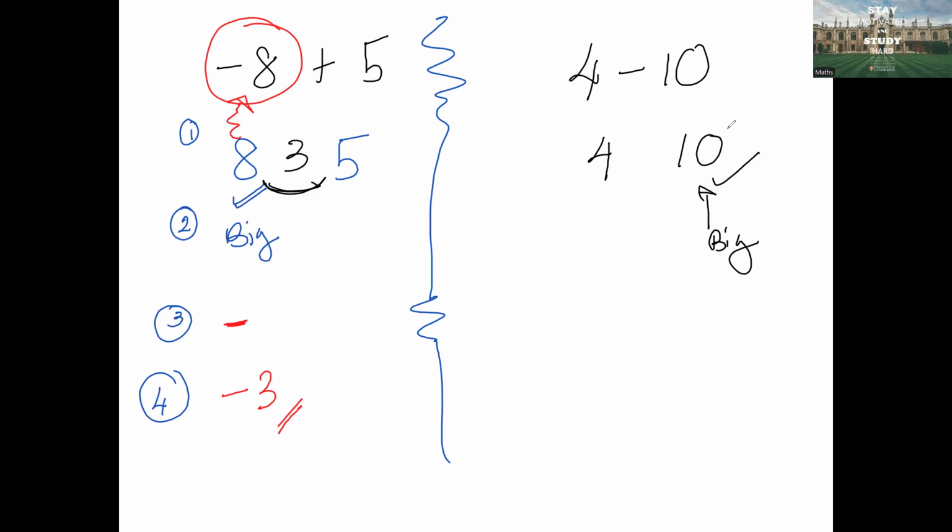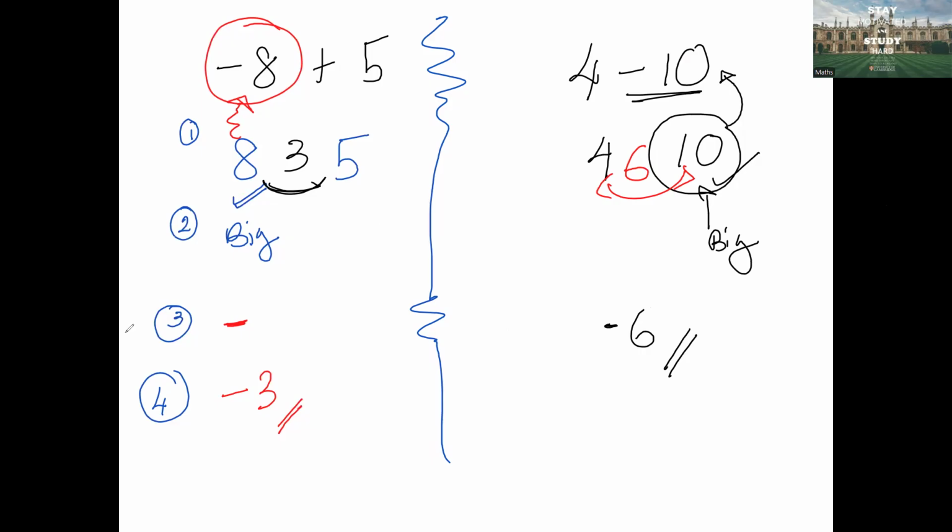For the big number, you go to the original and see what the sign is. So the sign is what? Negative. Then you have to get the difference. 4 and 10 difference is 6. So the answer is what? Minus 6. That's it.